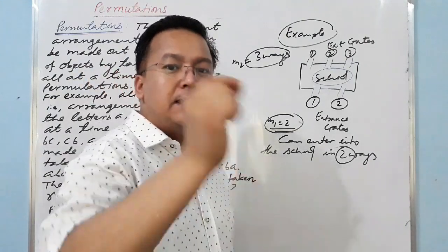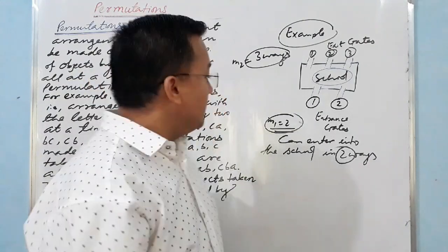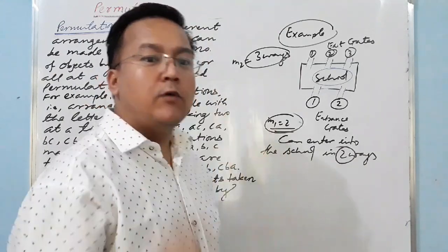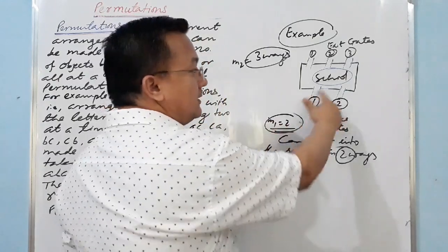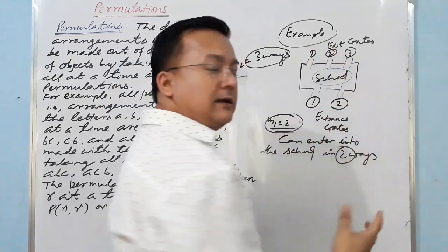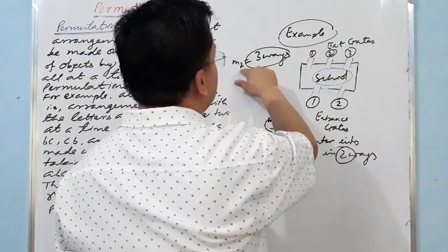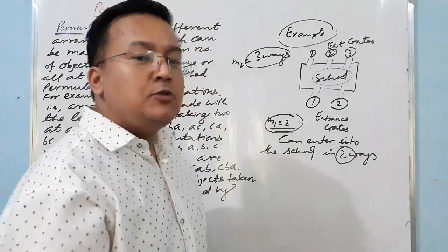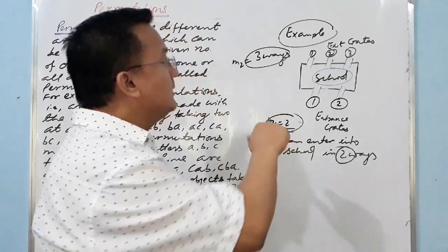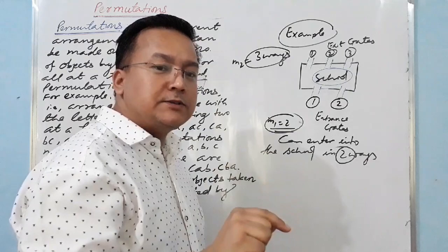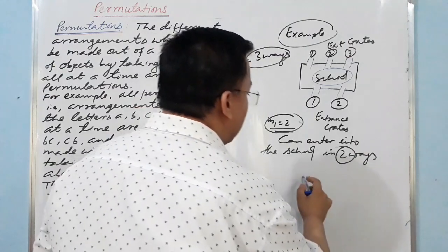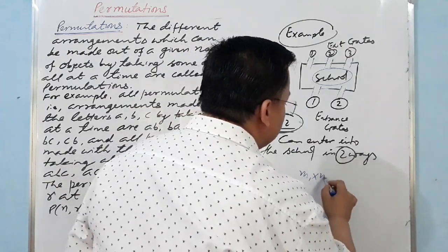According to the fundamental principle of counting, if one operation can be performed independently in M1 ways, here 2 ways, and the second operation independently in M2 ways, here 3 ways, then the total number of ways in which all the operations can be performed in the stated order is M1 times M2.